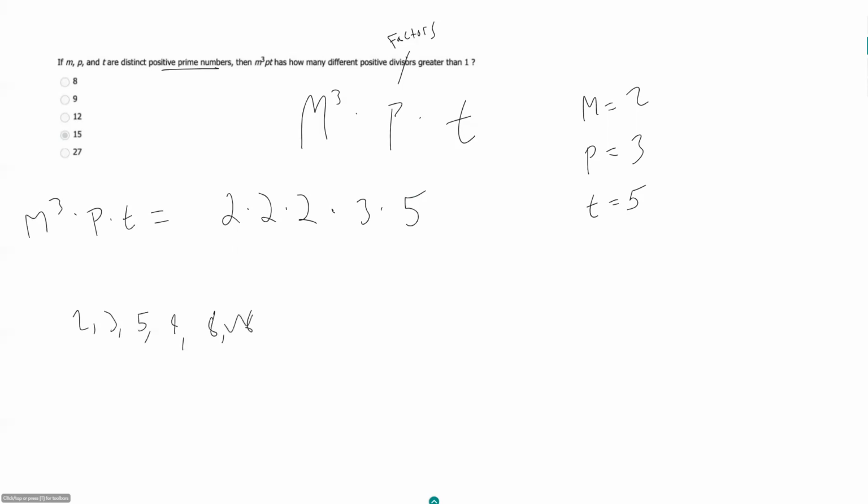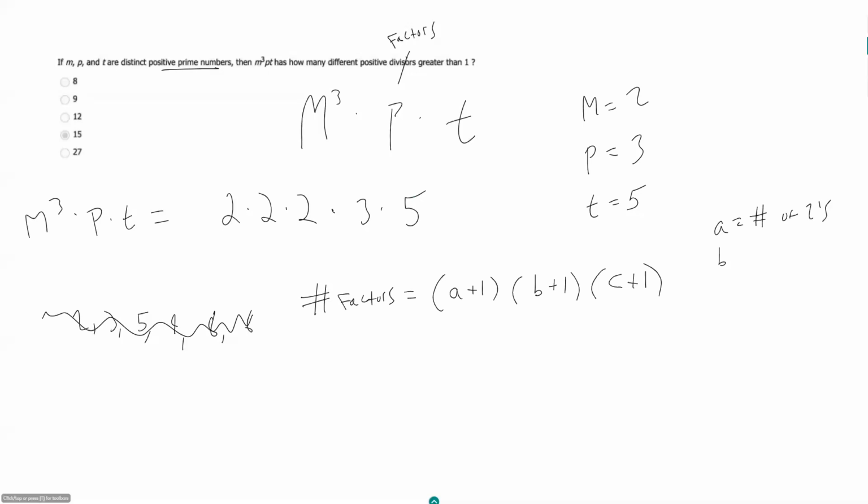Or you can think of it like this: our total number of factors will be equal to a plus 1 times b plus 1 times c plus 1, where a is our number of 2's, b is our number of 3's, c is our number of 5's.